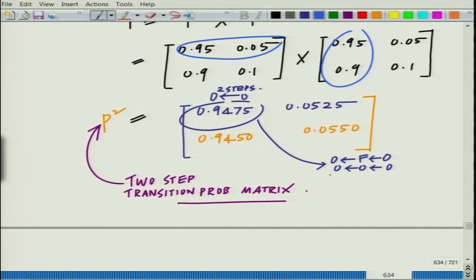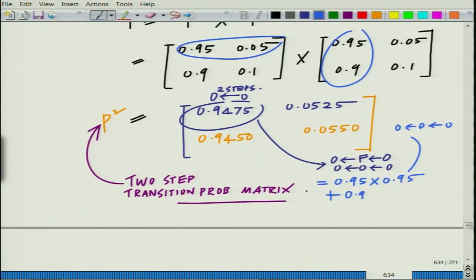So, this is equal to essentially the sum of these two. So, 0.95 into 0.95, which corresponds to operational to operational, that is X n to X n plus 1 is operational, and X n plus 1 to X n plus 2 is also operational. That means you have the product of the two probabilities. Remember, these are independent.